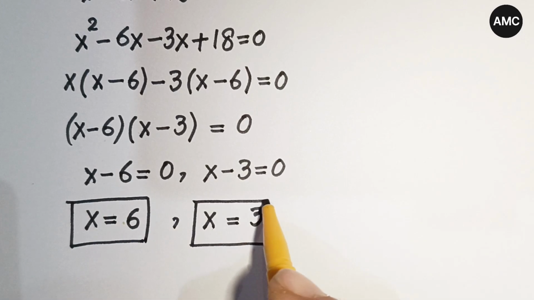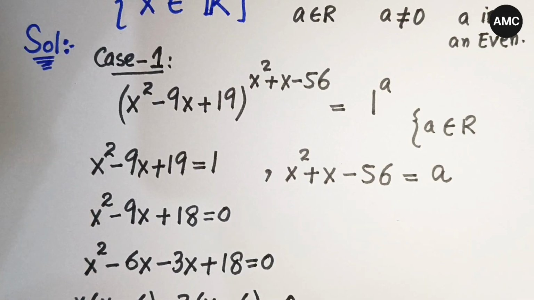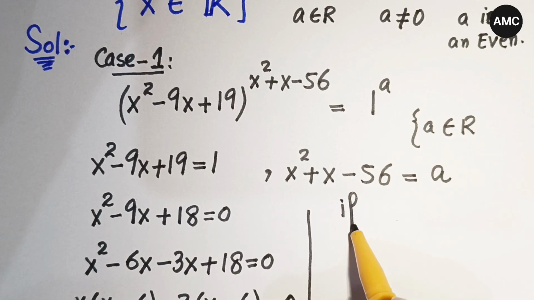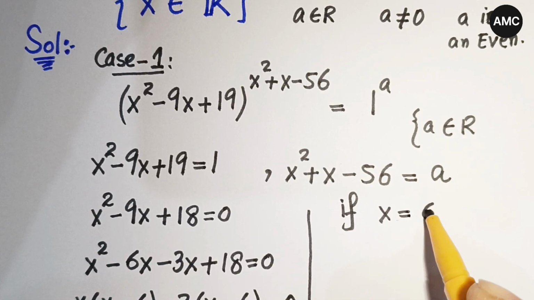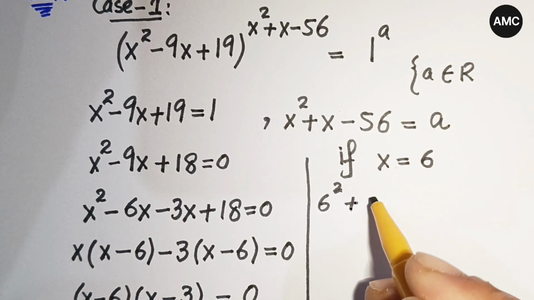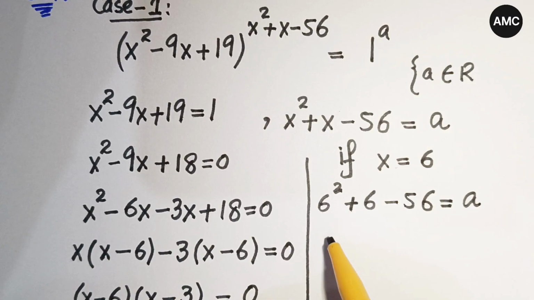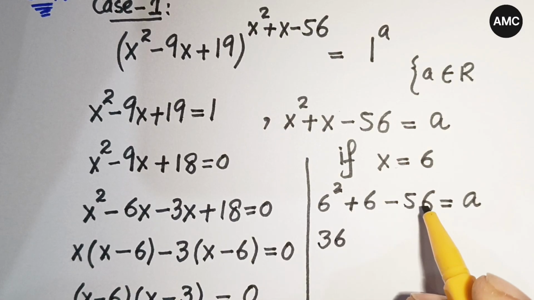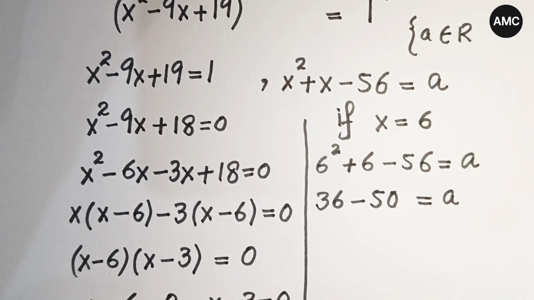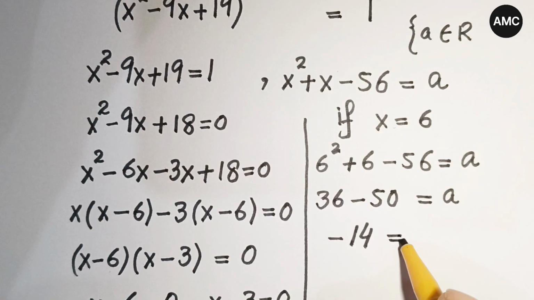Now we put these two values separately in our second equation. If x = 6, then 6² + 6 − 56 = a. 6² is 36, plus 6 minus 56 is minus 50, so 36 − 50 = −14, which is equal to a.